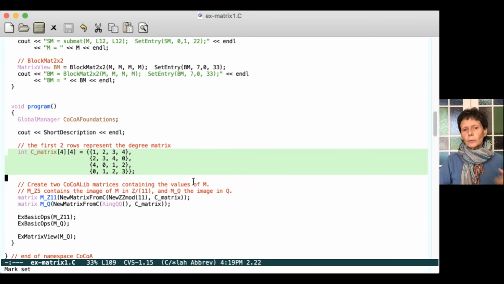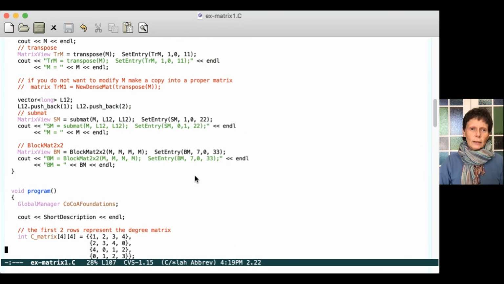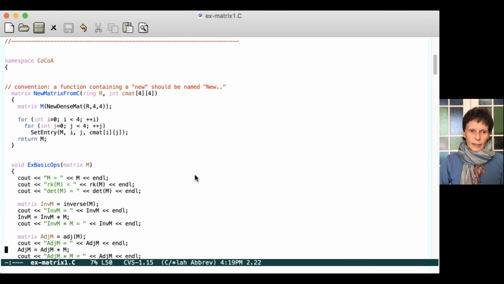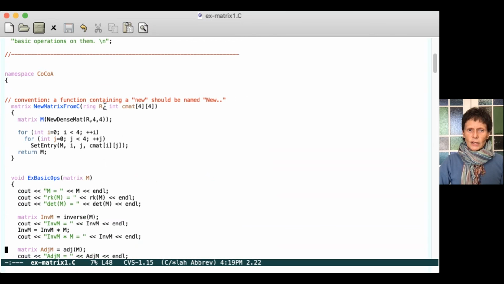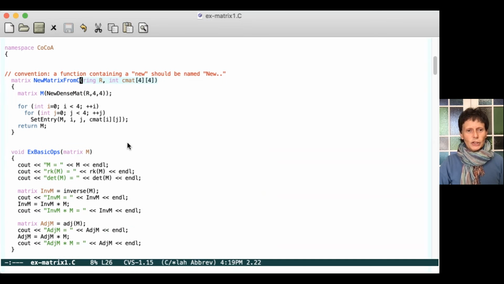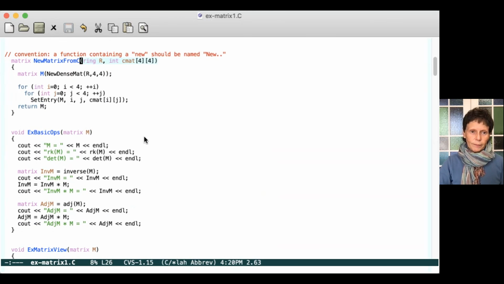And then I can call my function that puts all the numbers inside a matrix in the ring R. Okay, so this is a bit dodgy, but usually you don't really create a matrix. You build up a matrix, and so that's why I'm showing you this example.